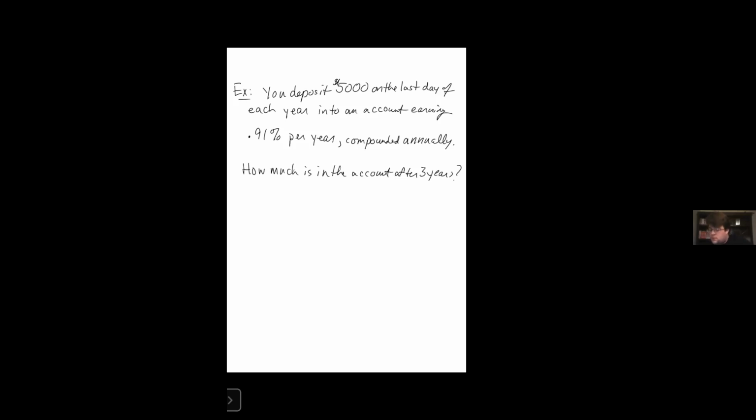Well, we're just going to use our savings formula now because we don't have to derive it. This one wouldn't be that rough to just do the 1 year, then the next year, then the next year, and add them together. But we'll use the savings formula. So A equals the periodic deposit, $5,000, times 1 plus our interest rate, 0.0091. Remember, convert that to a decimal. It has annual compounding, so our number of compounding periods per year is 1, raised to the 1 times our number of years, which is 3, and this is all over 0.0091.